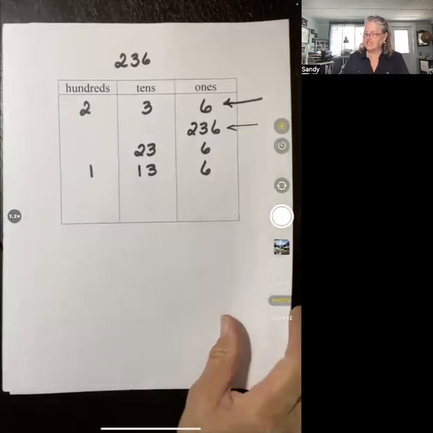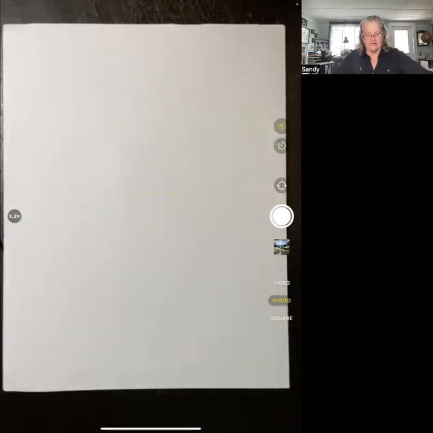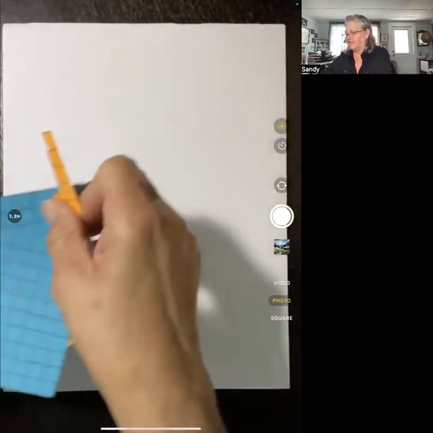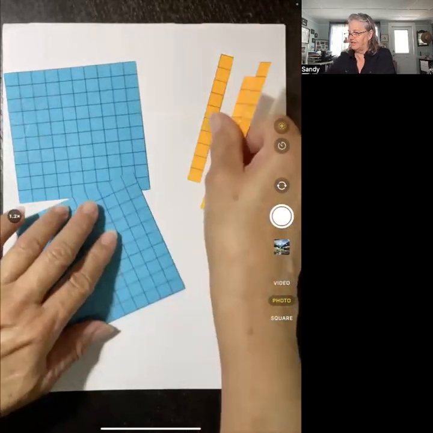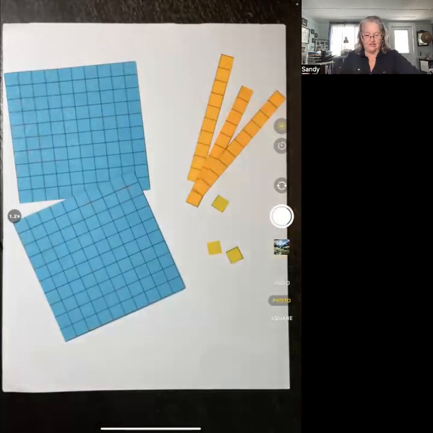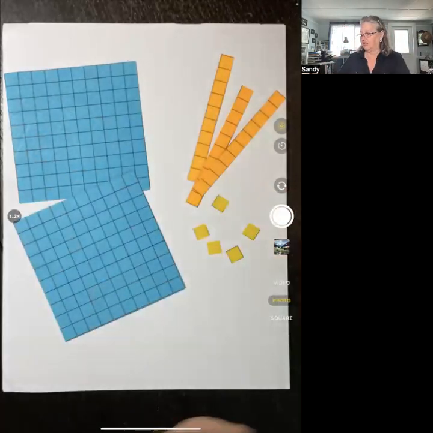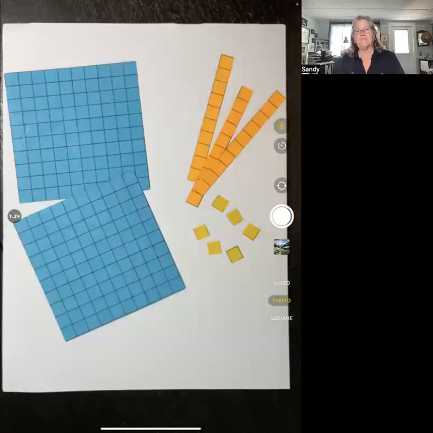Now, I'm going to stick with 236, and I'm going to come back to those pieces that I first had out. So I had out 200, and I had 3 tens and 6 ones. So that's thinking about it in that base 10 way of looking at it. Now, let's say that I wanted to separate 236 into 4 equal groups.